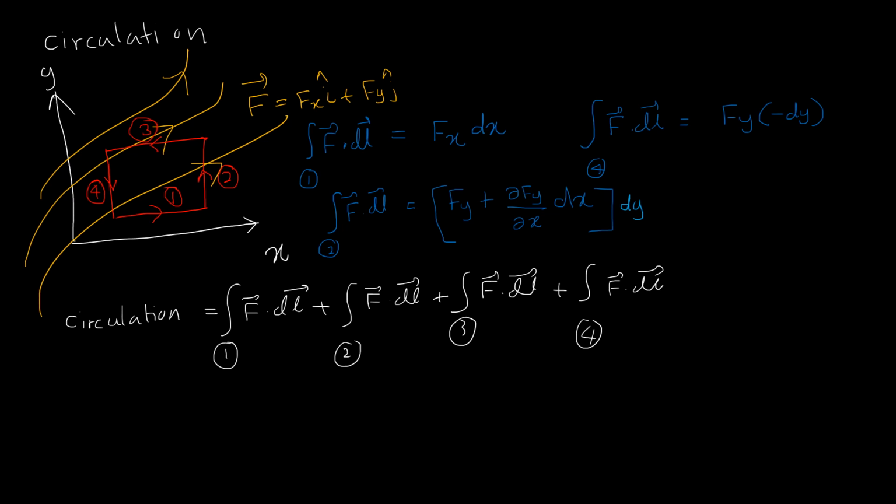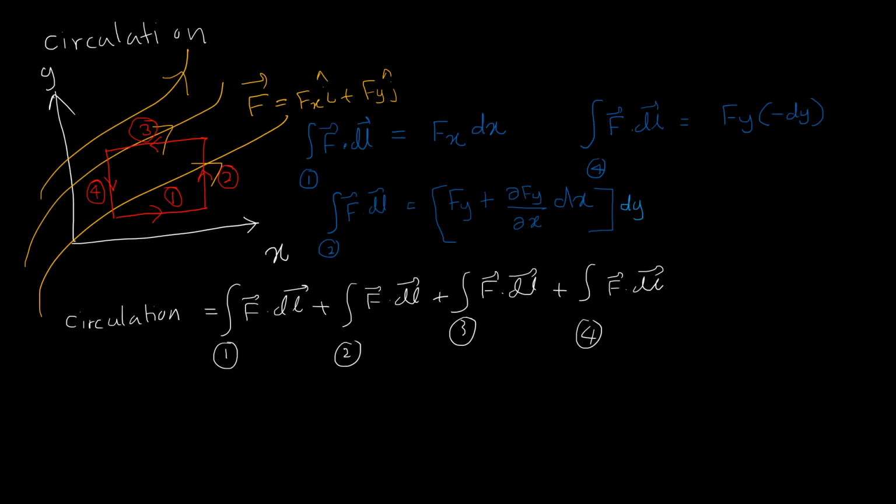And then similarly we can write down the line integral of the vector field along path 3. We can consider it as the line integral along path 1 but shifted to 3, so that the x component of our field has changed with respect to y.